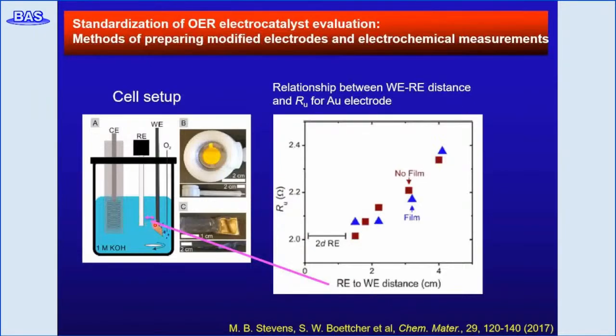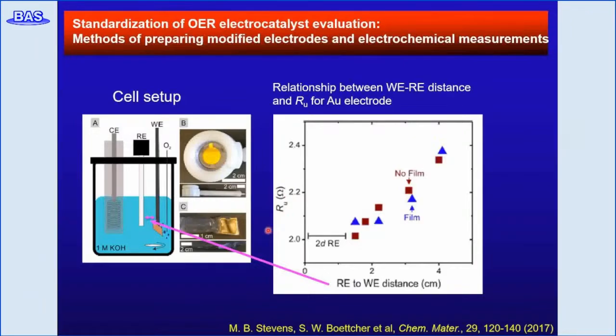The x-axis is the reference to working electrode distance, and the y-axis is the RU value. As distance increased, RU also increased.